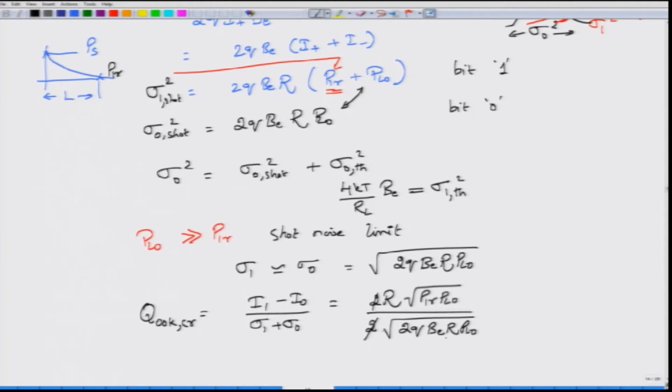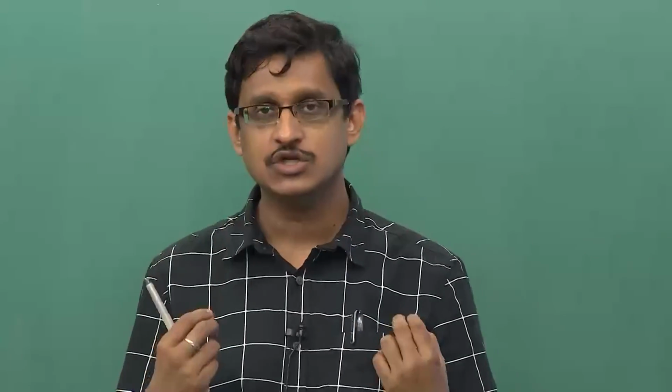You can clearly see that there is a PLO square root here in the denominator, which can be cancelled with a PLO in the numerator. Although PLO was used to establish the shot noise, it finally turns out that in the Q factor PLO does not make an entrance. Okay, so your results are independent of PLO as long as PLO is much larger than the received signal, so that both the photodiodes and the entire coherent receiver are operating in the shot noise limit.